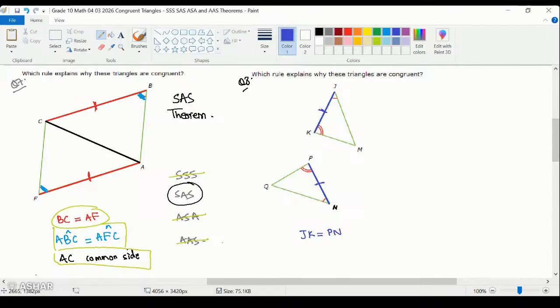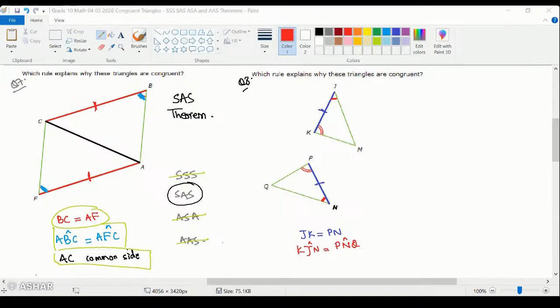They both have the same length. And then we have two angles on the same side, right? So can we say this angle would be equal to this angle? Can we say KJN was equal to PNQ? Agreed?